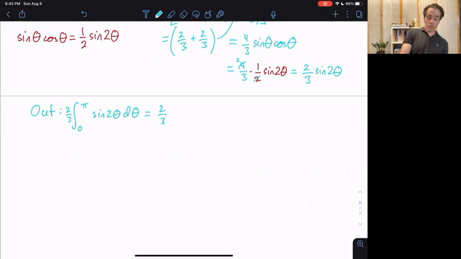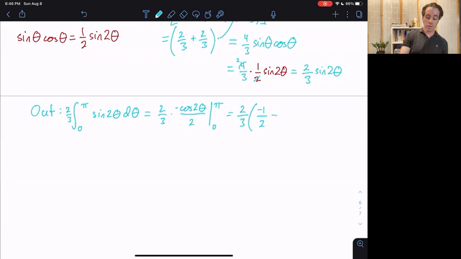2/3 times, well, the integral of sine is negative cosine. So this will be negative cosine of 2 theta over 2 because of the chain rule, from 0 to pi. 2/3 times negative cosine of 2 pi. Cosine of 2 pi is 1. Negative of that is -1 over 2. Okay, and then the 0 one.